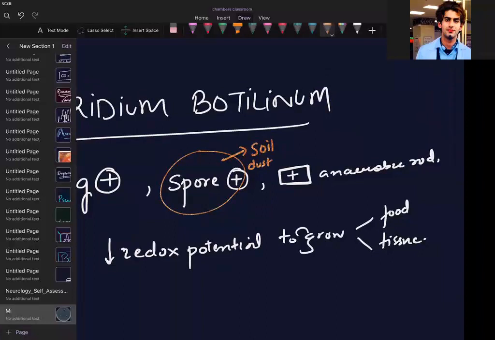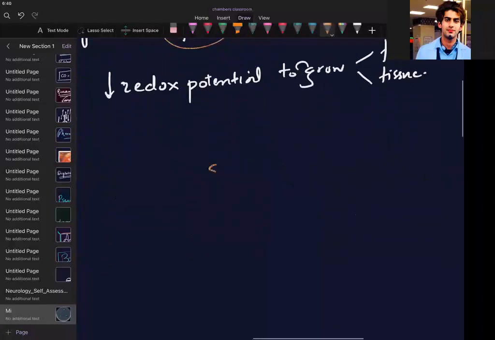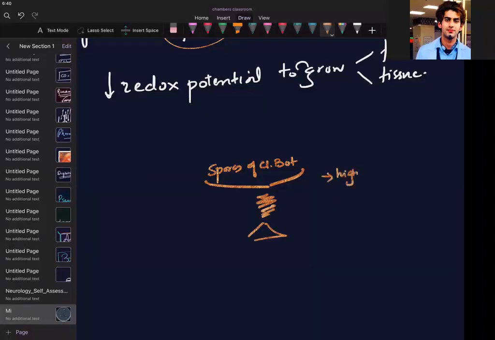If you try to heat these spores of Clostridium botulinum, they are highly resistant to heat and drying. That is, they can survive in these extreme conditions.